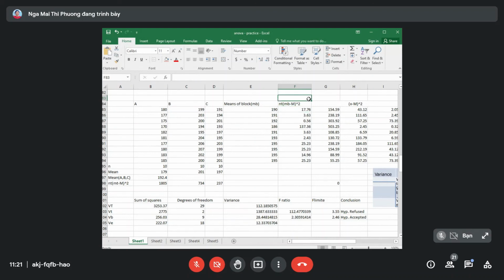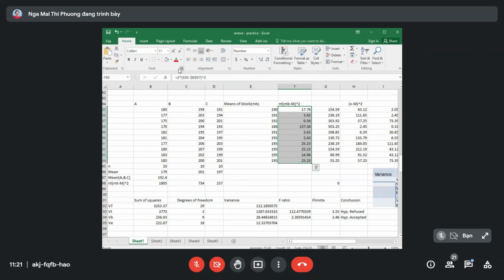Sorry, I made a mistake here. You have only 10, not 30, because we take the mean already. So you have only 10 values of sum of square here.